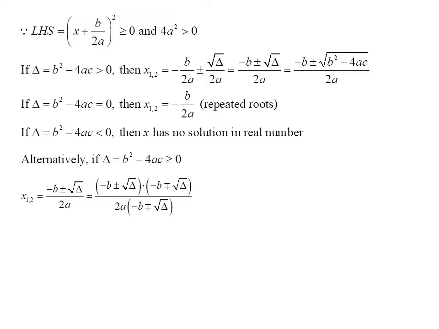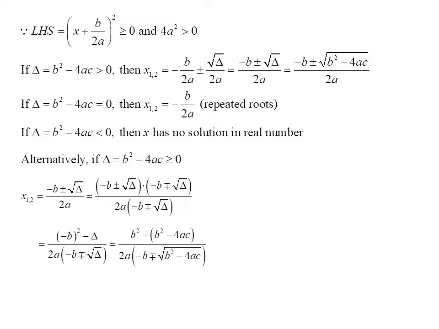Then we multiply by the conjugate of the numerator on both numerator and denominator, and then simplify to get the final expression of 2c over negative b minus plus square root of b squared minus 4ac.